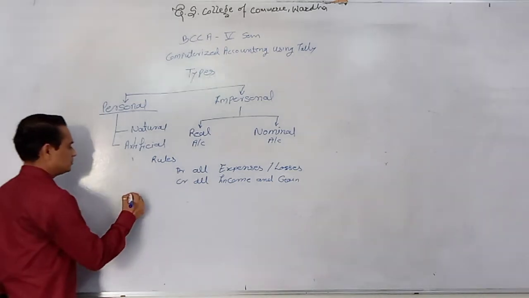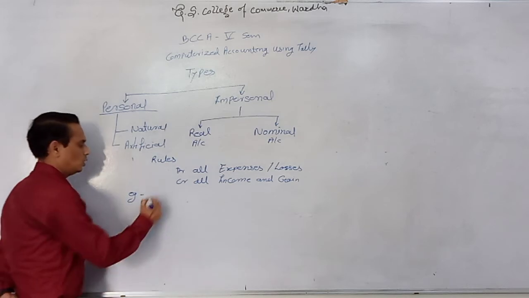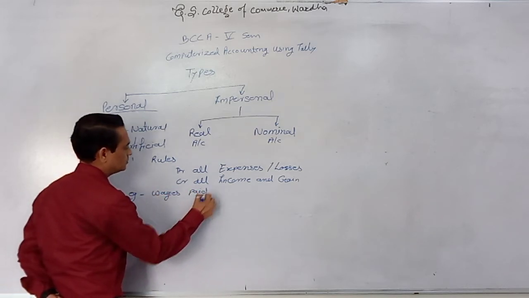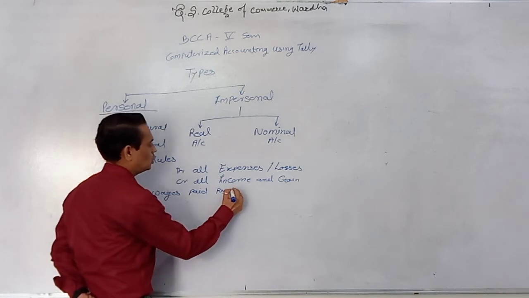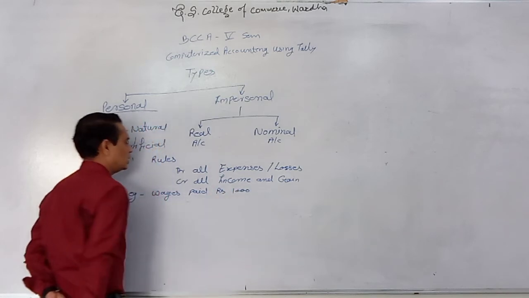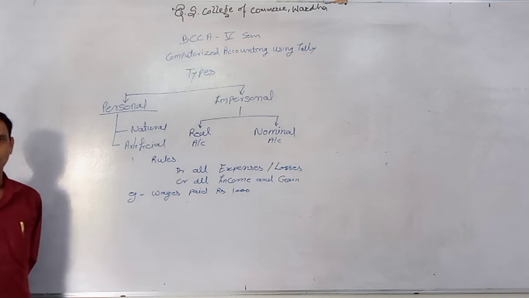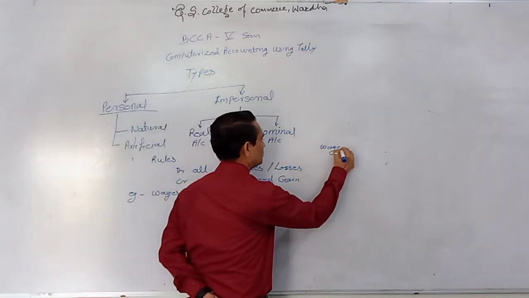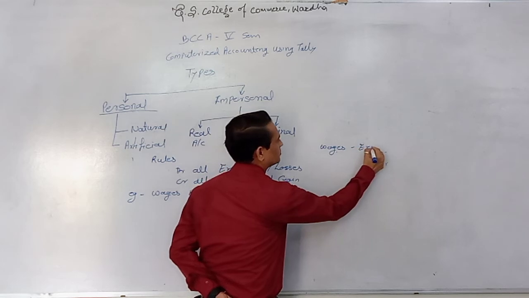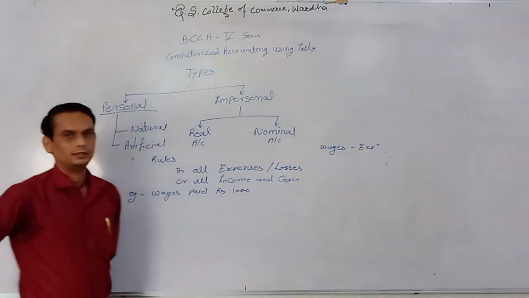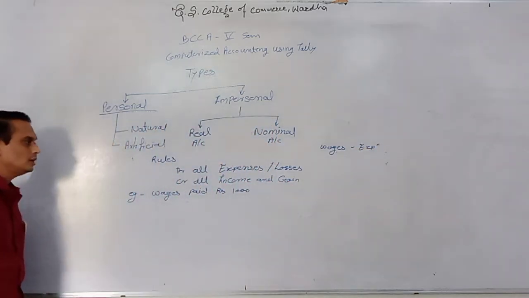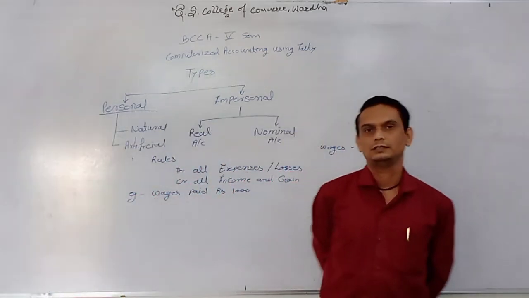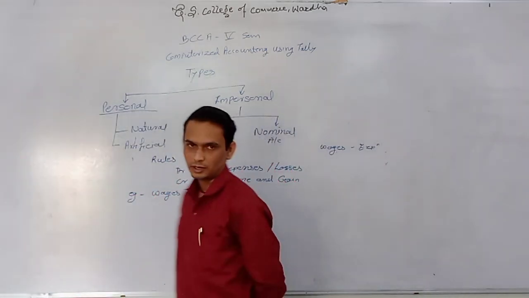For example, wages paid rupees 1000. Here wages is an expense, and against the wages we should pay cash to the laborers.